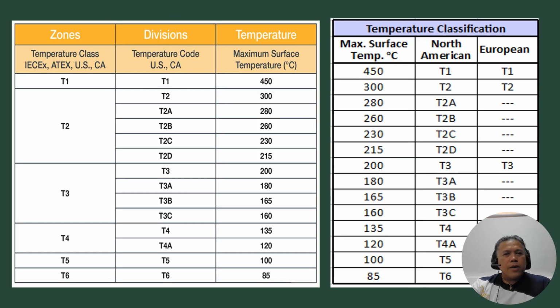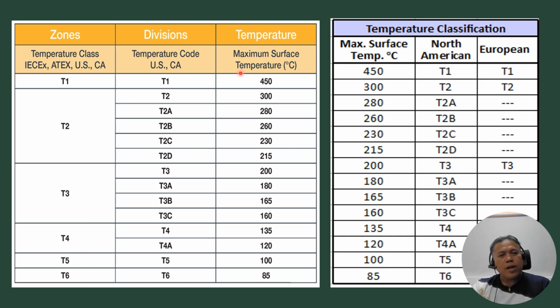All right, so now you can see here the differences in our temperature classifications of the European, American and Canadian standards. So by zone, division, temperature, as you can see here also, North American, European, and the maximum surface temperature of your equipment, T1, T2 up to T6.